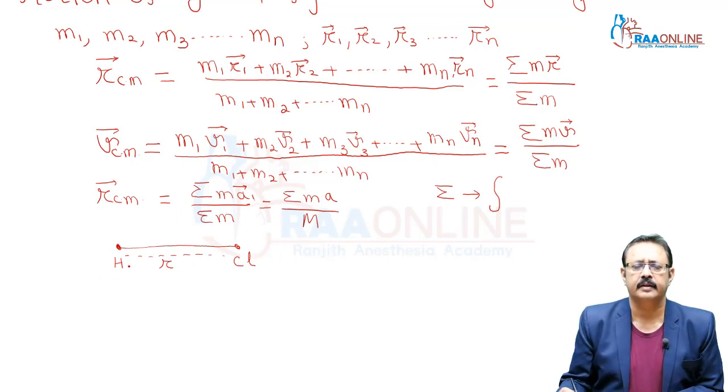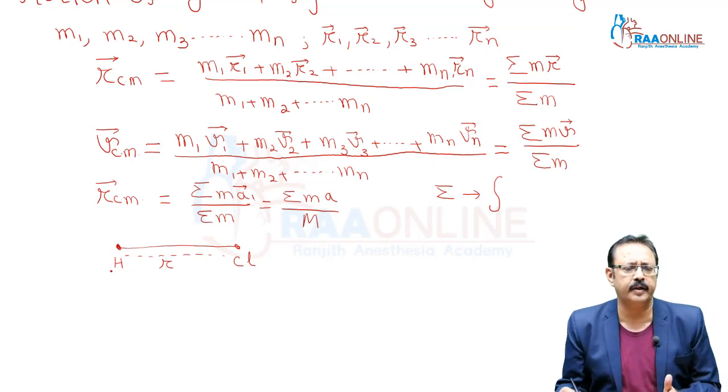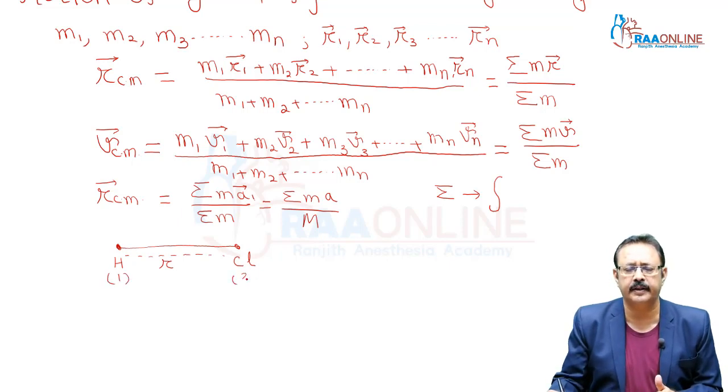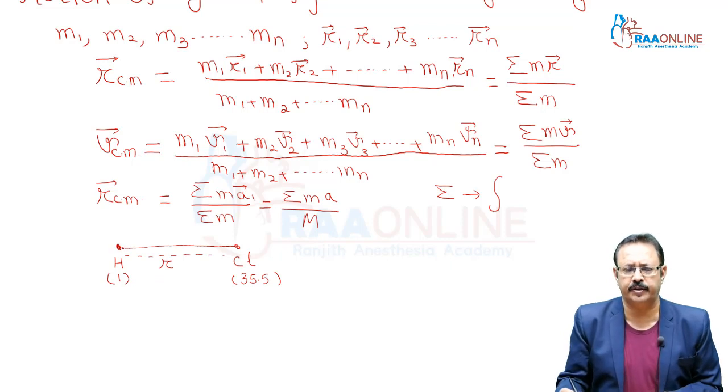You know that, and by chemistry you can find the mass of this is 1 and the mass of this will be 35.5. How to find center of mass? Take one particle as origin, and center of mass is at x distance from this. So its distance from Cl should be R minus x.